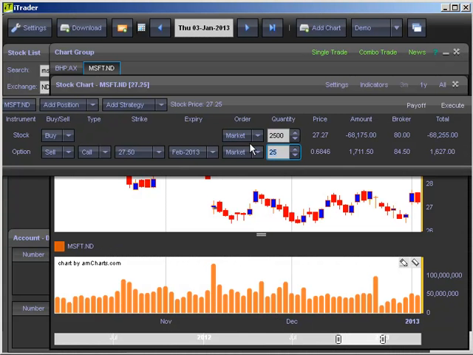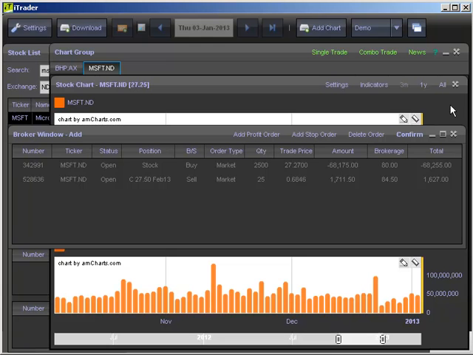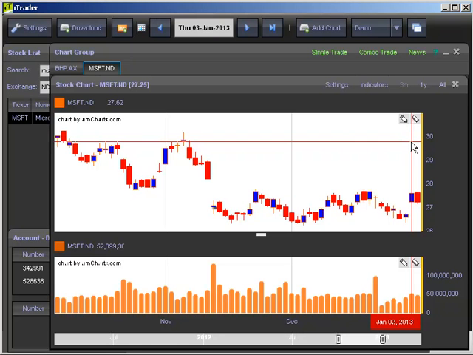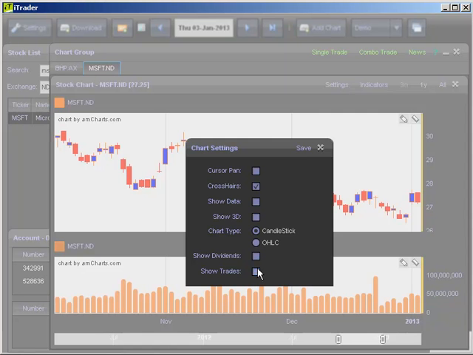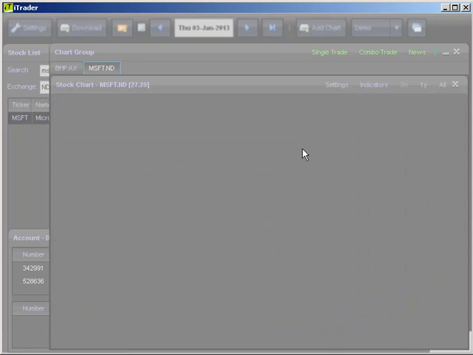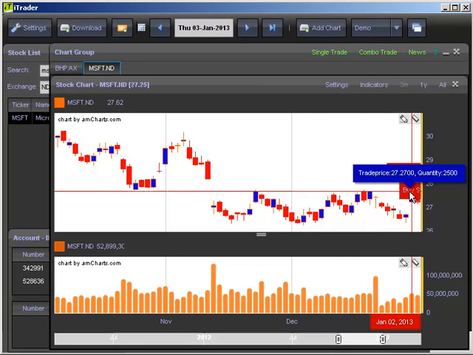Okay, let's go back now to our simulator. And we're now going to execute this trade, and then we're going to watch it as we track forward in time. To do that, we just click the execute button. We are asked to confirm our trade, that we're happy with it, which we are, and we'll go and do that. And if I just go and turn the trade settings on, we should then be able to see here are the two trades that we've just done.